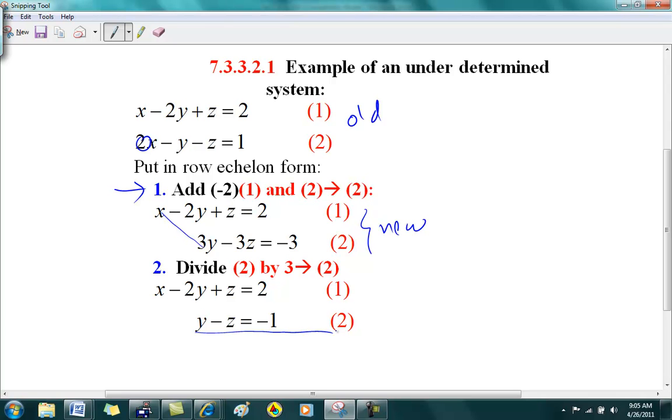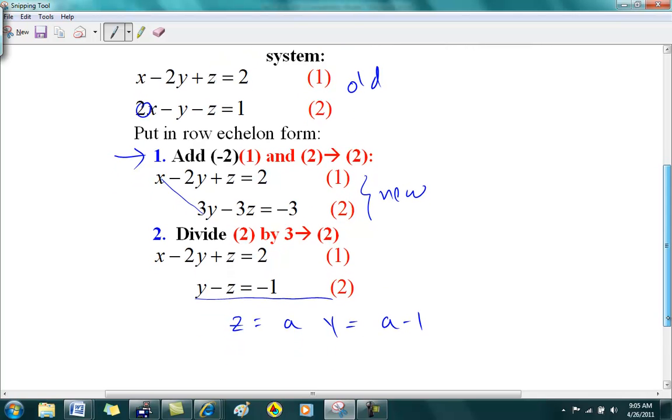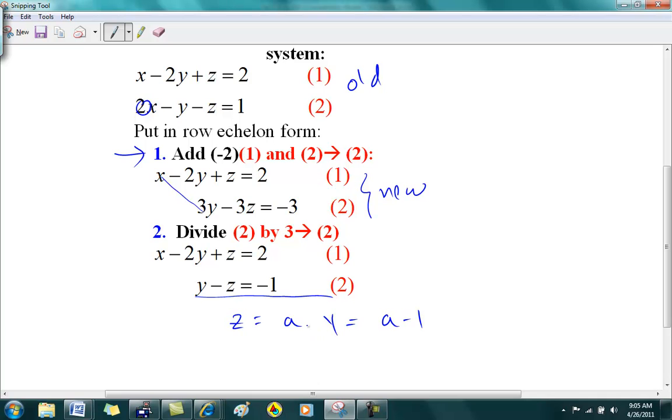Now again I have 3 variables but 2 equations, and I can't solve uniquely for it. So I'm going to arbitrarily say that z is equal to a, which gives me that y is equal to a minus 1. I will take these values of y and z and plug them in here and solve for x.